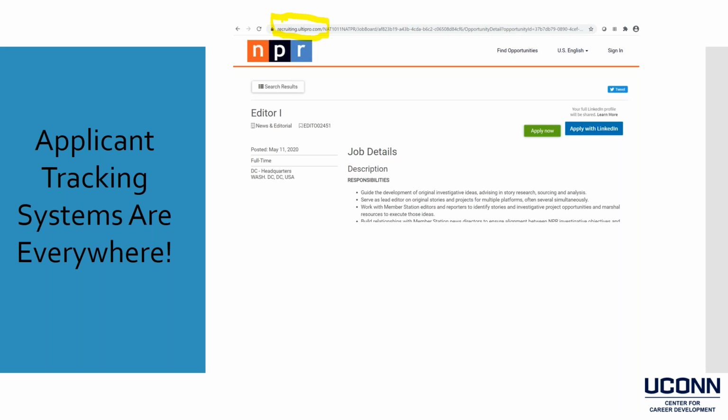This is a job posting for NPR, which is National Public Radio. And you can see up here with the yellow highlight that there's something called recruitingultipro.com in the URL. That actually alerts us that an ATS is being used, an ATS called UltiPro or Recruiting UltiPro.